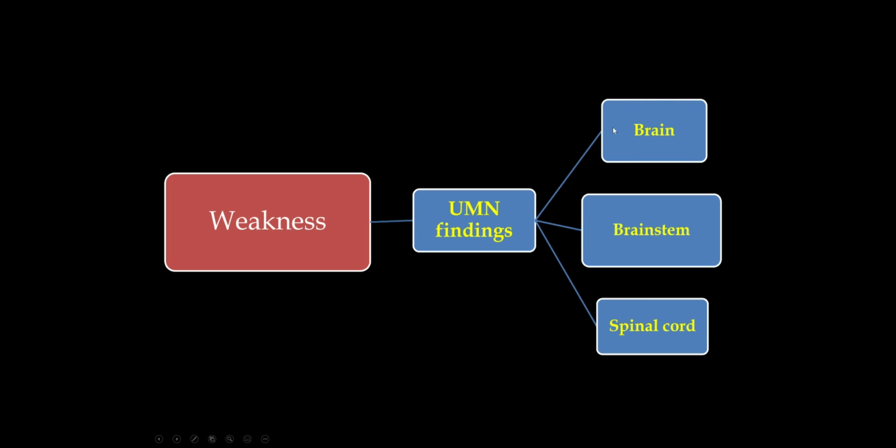Now, like everything, there are some exceptions to this. So some things like serotonin syndrome, we can get some upper motor neuron findings. But in general, if we have upper motor neuron findings, our lesion is in one of these three places. So we either need to look at the brain and brainstem with an MRI or perhaps CT, or we need to image the spinal cord.